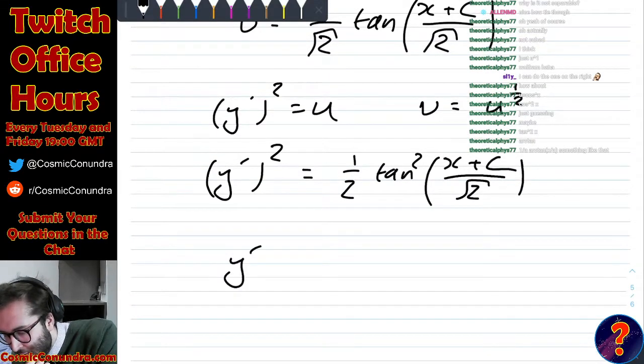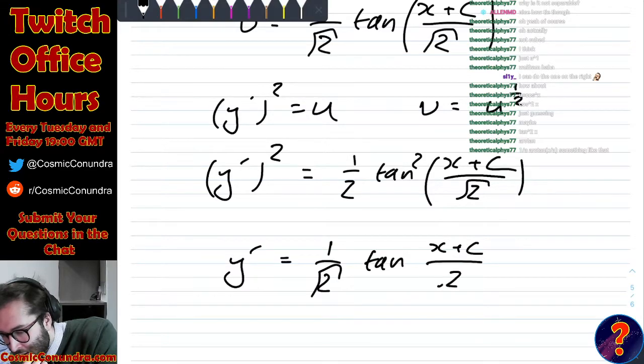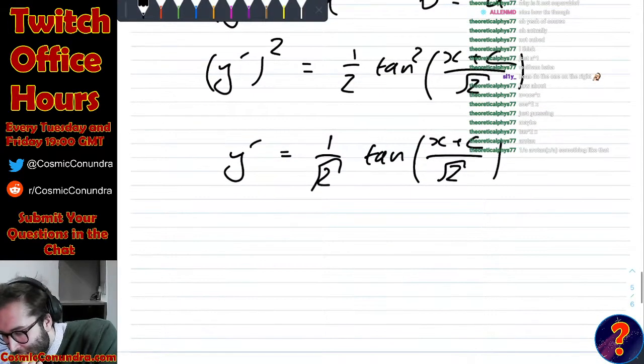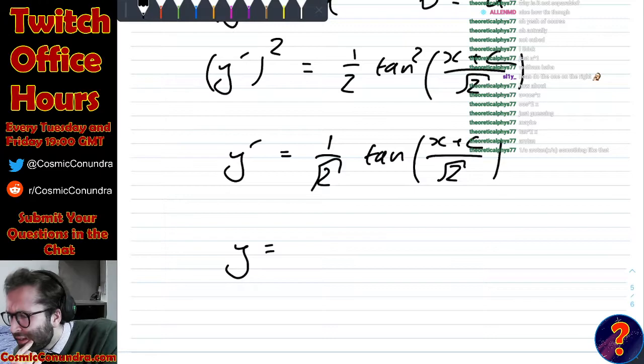And then we just square root again. So y prime is, well, now it's a plus or minus, but let's ignore that, 1 over root 2 tan of (x plus c) over root 2. And then we just have to integrate that again. So y is going to be, what's the integral of tan? It's something weird, isn't it?